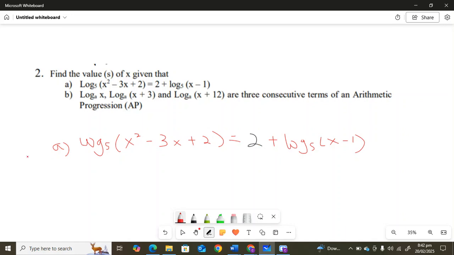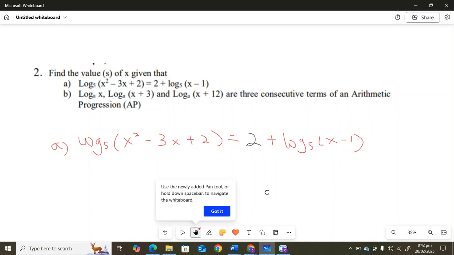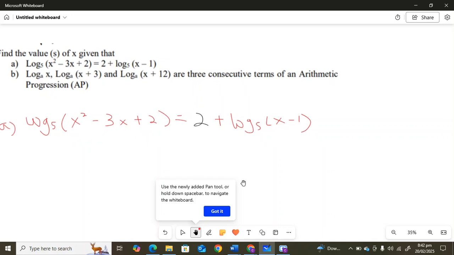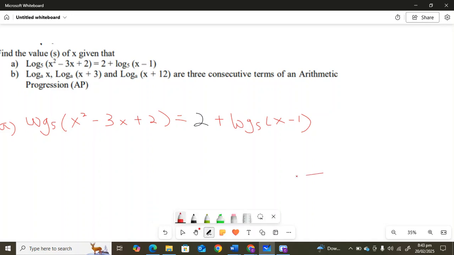All right, because as you can see, every term on the left hand side and on the right hand side, we've got log base 5. So this 2, we need to convert it into log base 5. In order to convert numbers into a logarithmic form, you just use this simple formula here.